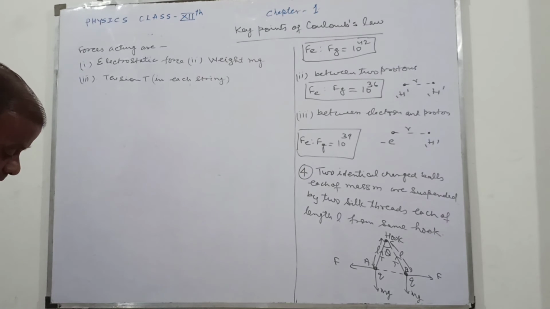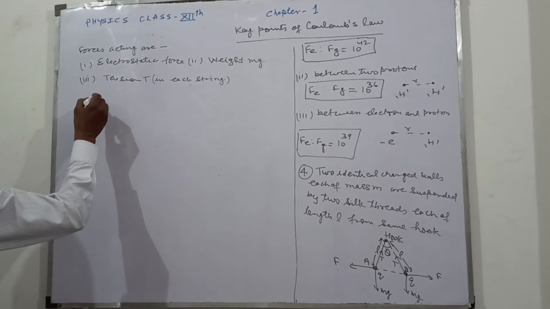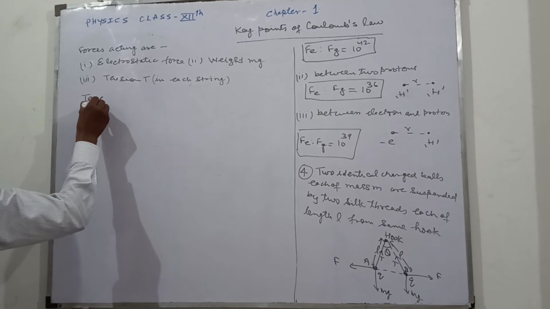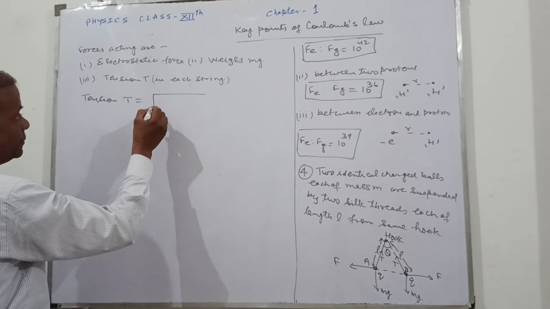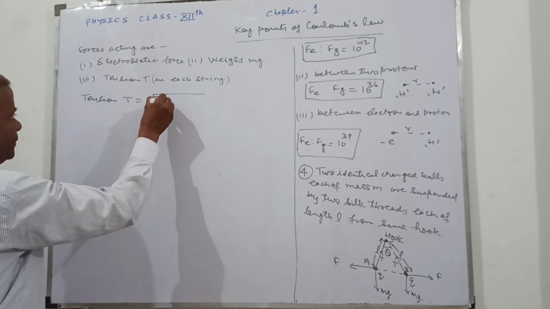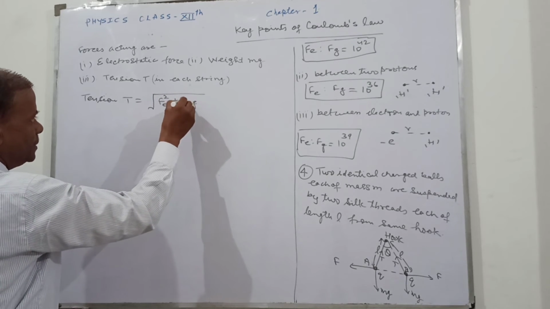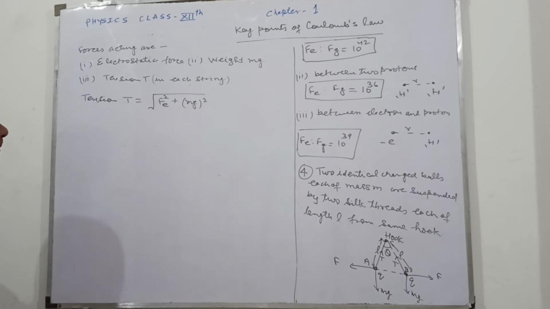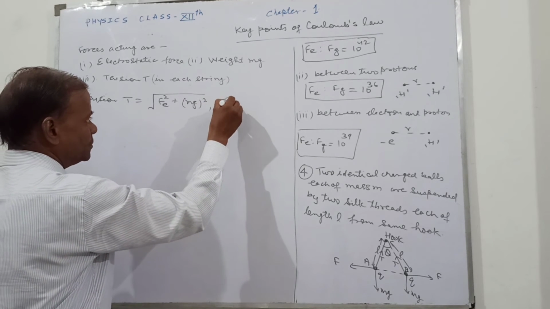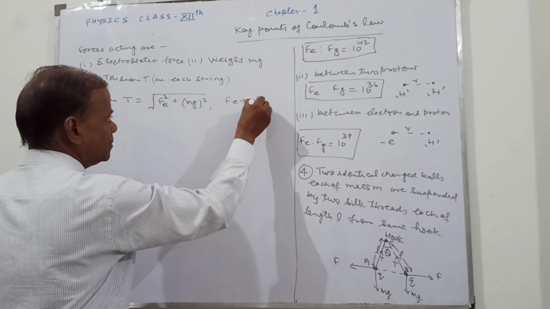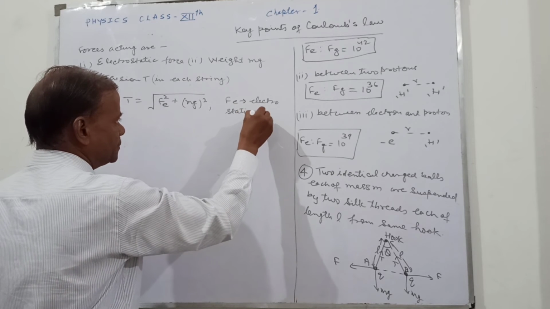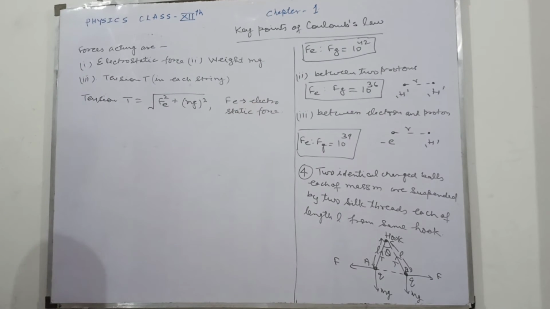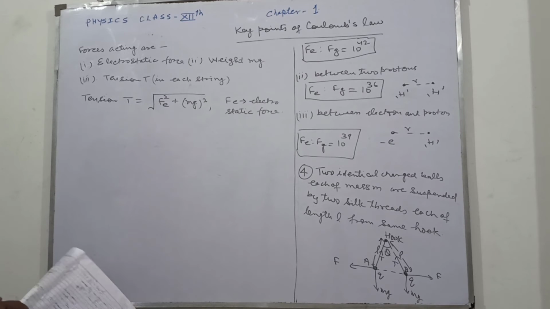If the angle between them is theta, then you can find that this tension T equals the square root of Fe square plus mg whole square, where Fe is the electrostatic force, and then you can find the angle between them.